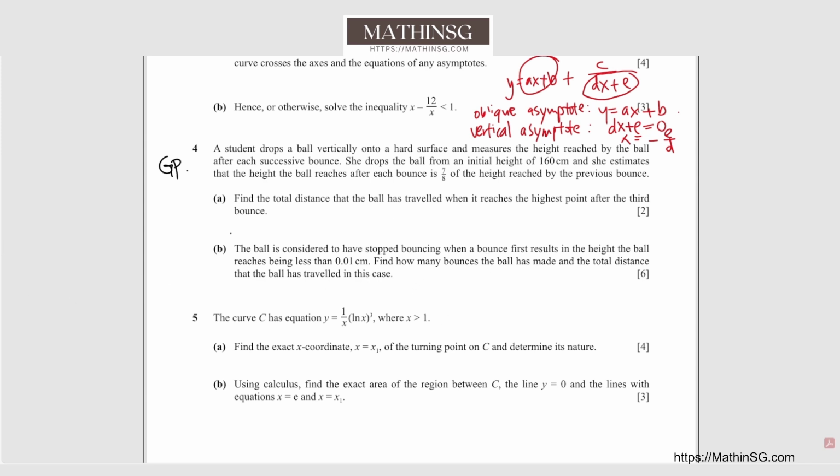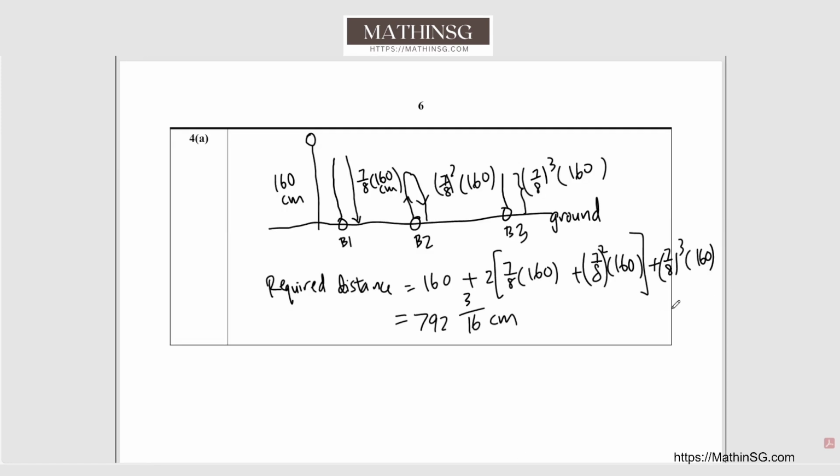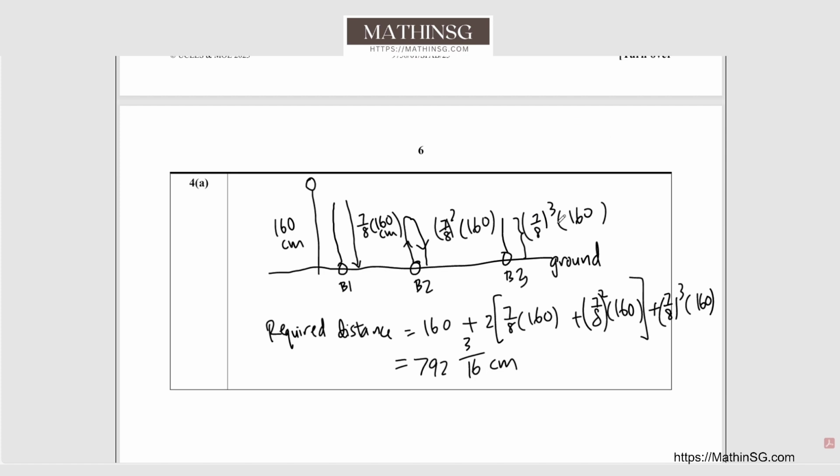Okay, so in other words, I know that this height here will continue until bounce n. It is going to be 7 over 8 to the power of n times 160. So if it's the third bounce, it is 7 over 8 cubed. Second bounce is 7 over 8 squared times 160.